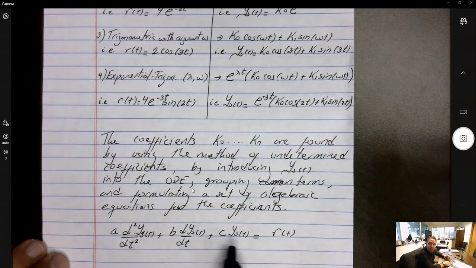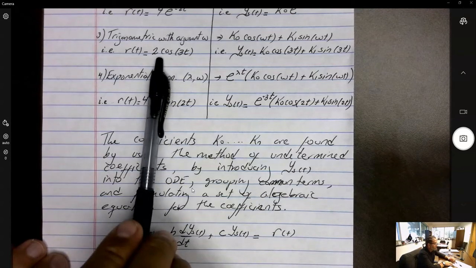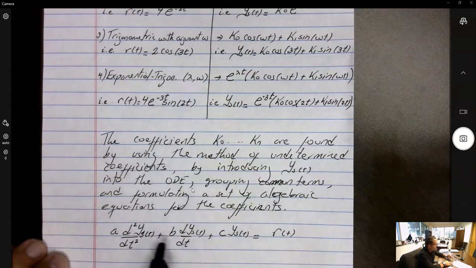We multiply by the given coefficients of the ODE, a, b, c, and then we group all the cosine terms together. Whatever is multiplying the cosine here, we equate to whatever is multiplying the cosine in R of t. R of t was originally 2 times the cosine of 3t, so whatever is multiplying the cosine here is going to be equal to 2.